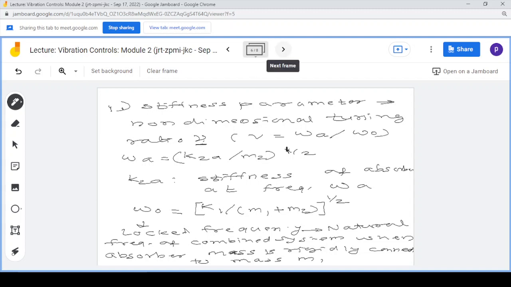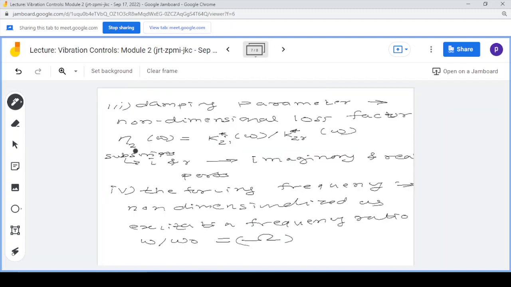The third that we need to remember is the damping parameter, which is also known as the non-dimensional loss parameter, eta 2 of omega. And the fourth is the forcing frequency parameter, which is non-dimensionalized as the excitation frequency ratio, and this is omega by omega 0.